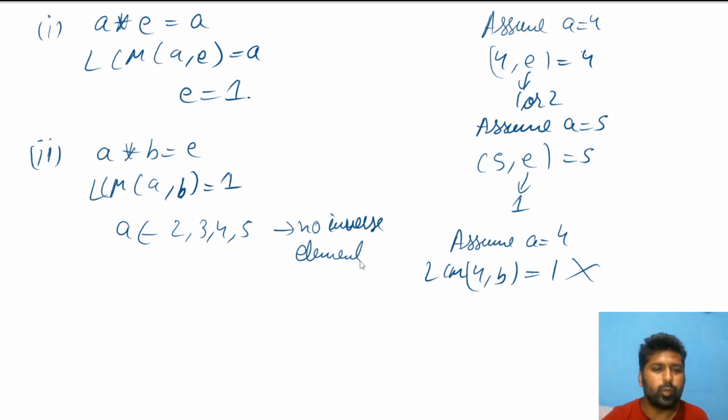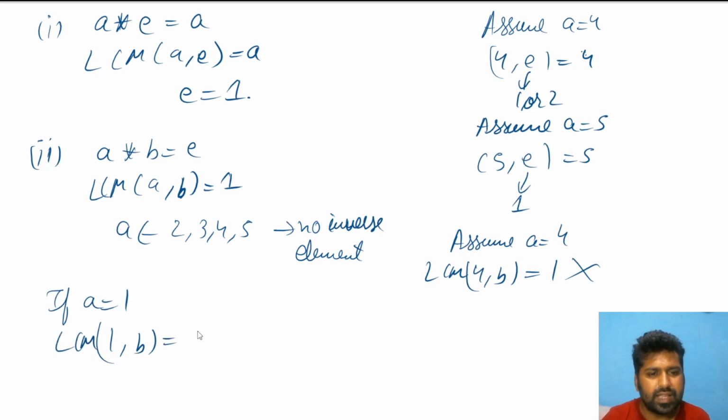Now why am I not taking 1? Because if a is 1, now I can say the LCM of 1 comma b can be 1 if b is 1.